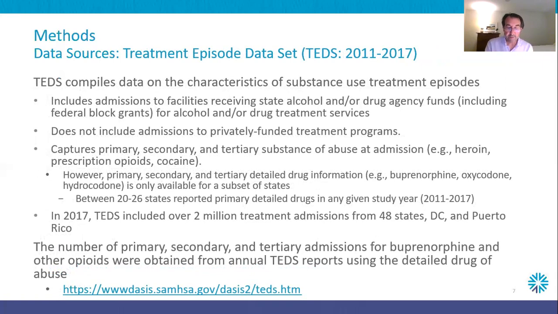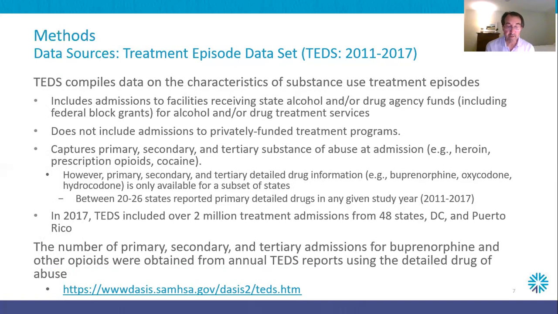The TEDS compiles data on characteristics of substance use treatment admissions to publicly funded facilities, but it excludes privately funded programs. Among the treatment admissions characteristics assessed are primary, secondary, and tertiary detailed drug problems, which are available only for about half the states.